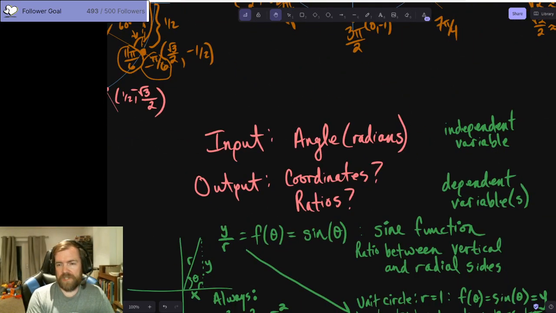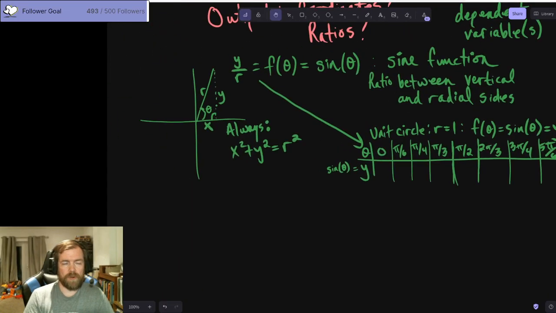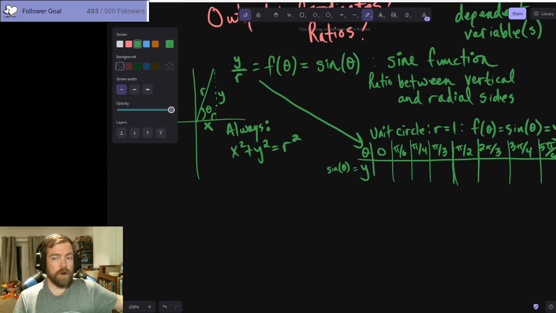Yeah, it's just 0. We haven't moved up or down at all. We're just off to the right. We are exactly along the x-axis. So yeah, that's 0.